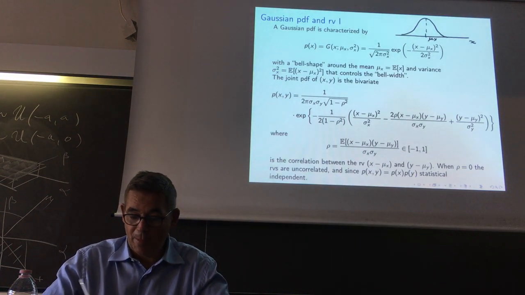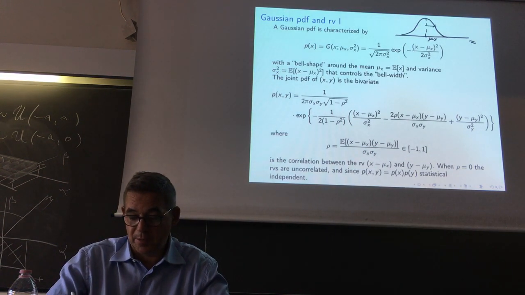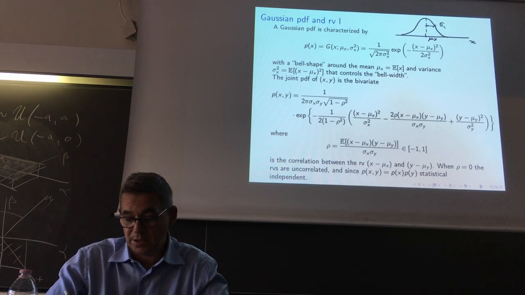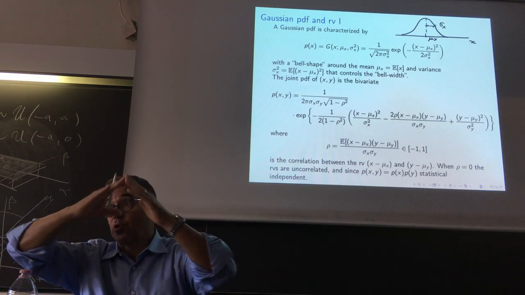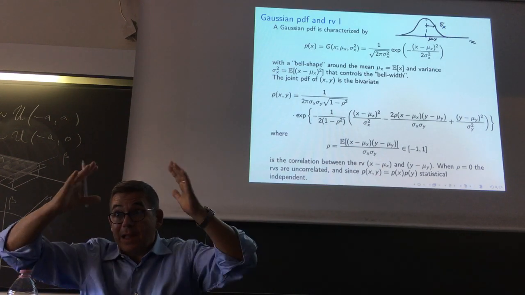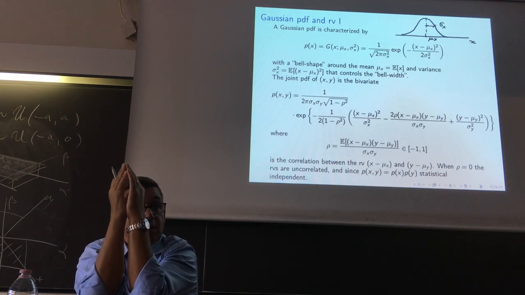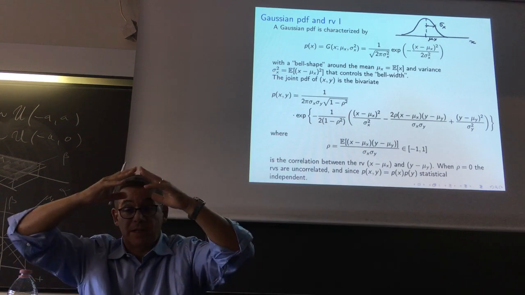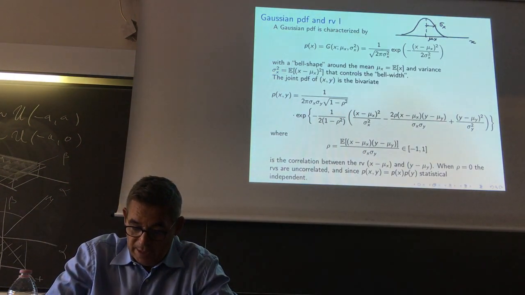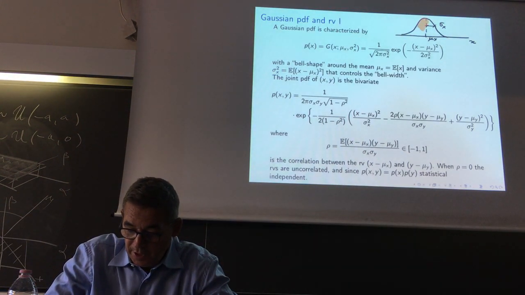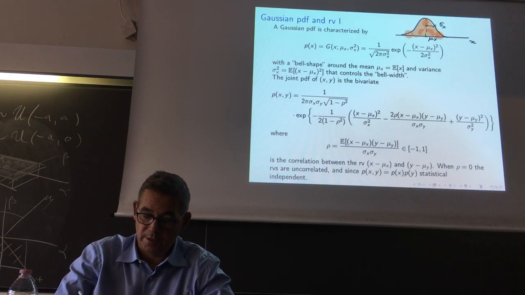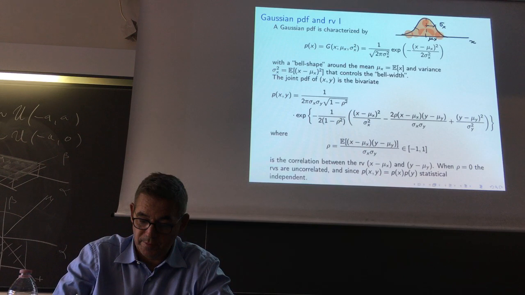And we have one parameter, sigma x, which shapes the aperture of the bell. If sigma is small, the bell is very narrow. If sigma is big, the bell is very broad. Anyhow, the area should be 1.